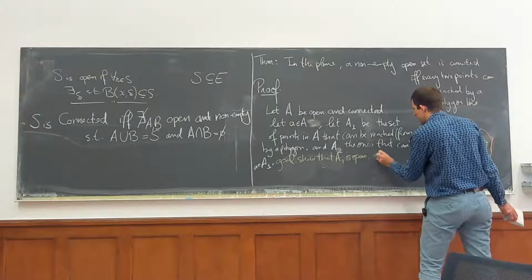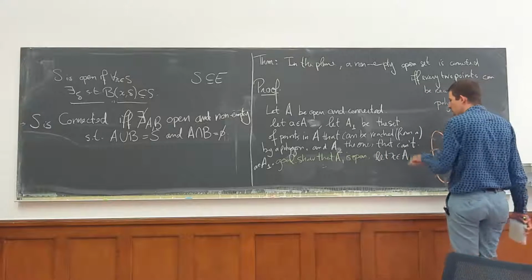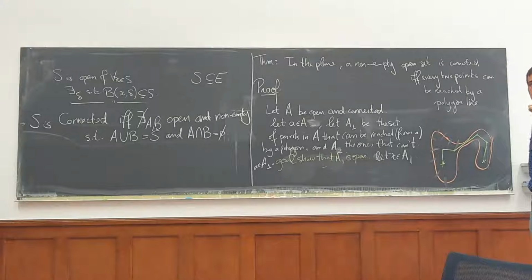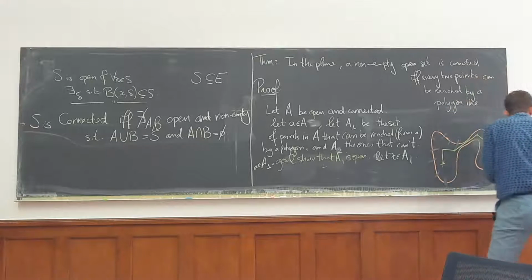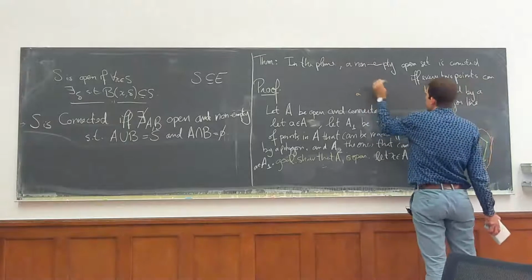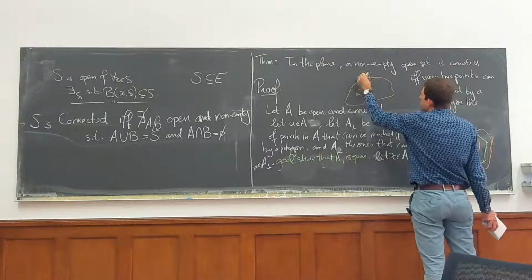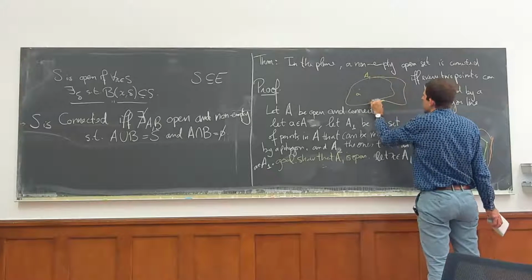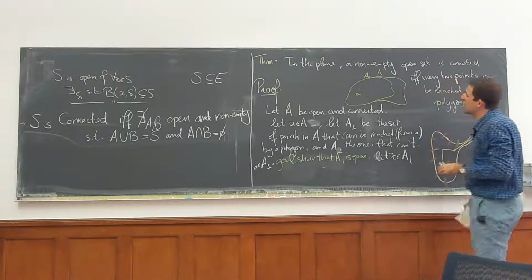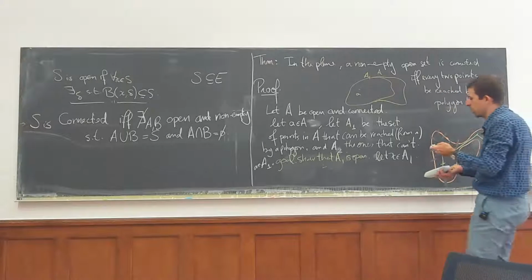Let X in A1. Let's keep a picture, to give some intuition of what's going on in these arguments. We have A here, and maybe this is A1, the set where you can reach with a polygon line.